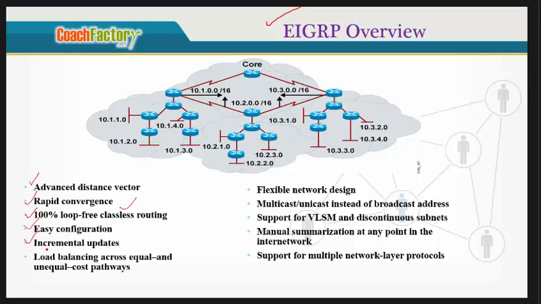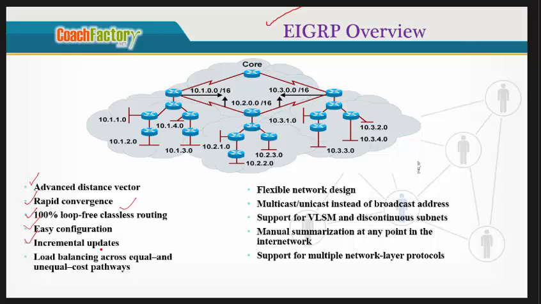EIGRP provides incremental updates. EIGRP does not do what? Periodic updates. Incremental update is also a very good feature. Unlike OSPF, whatever change happens, it is going to send it to each and every router which belongs to the same area. If we have 50 routers in the same area and only 2 routers require that change, OSPF is going to send it to what?